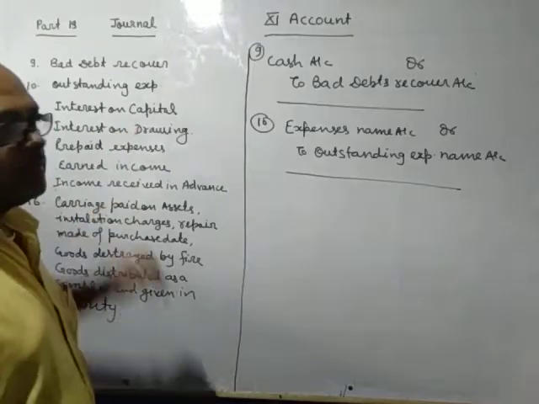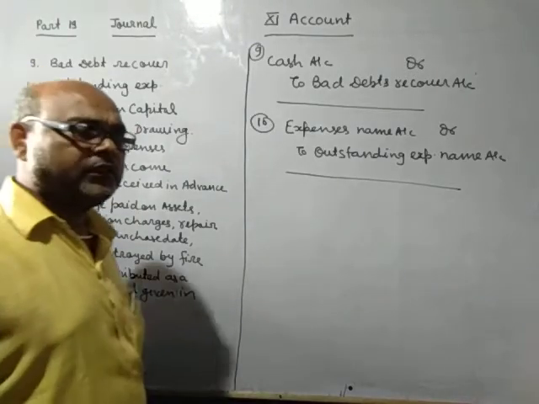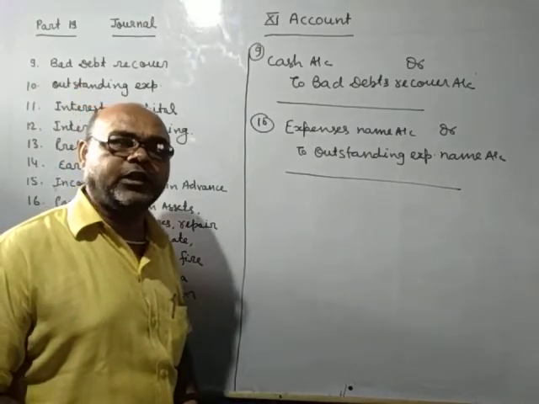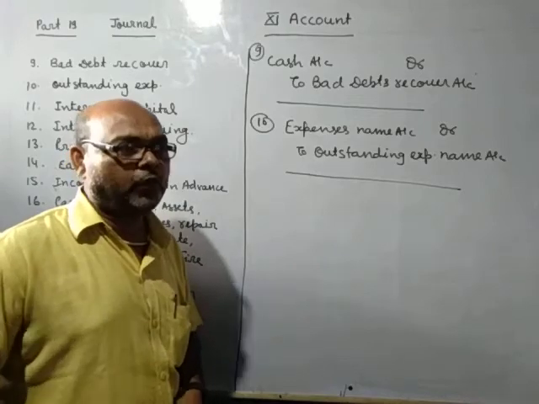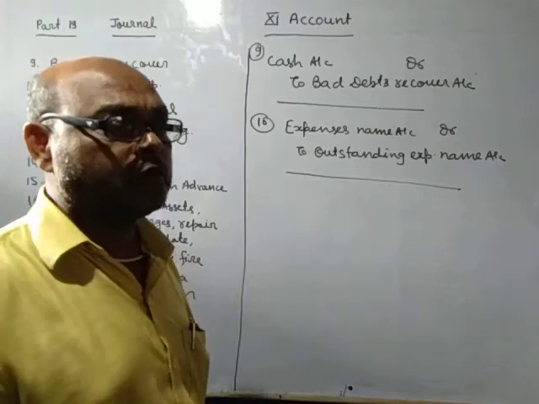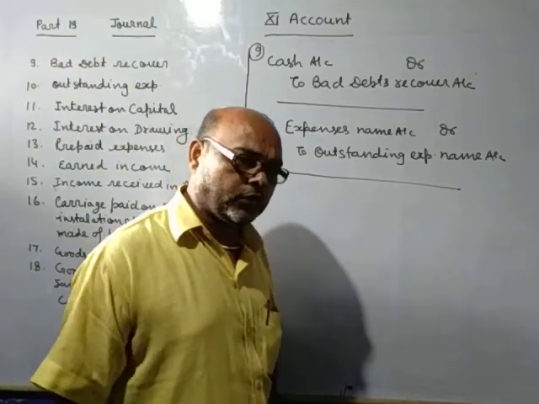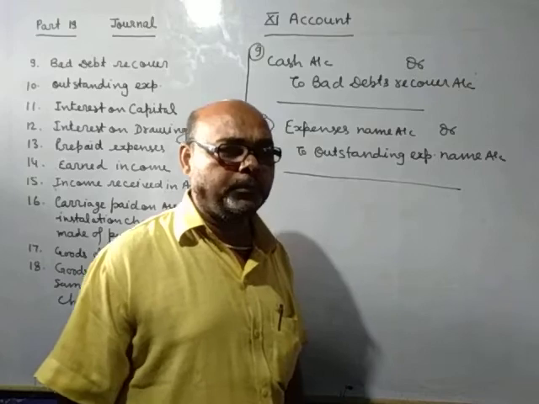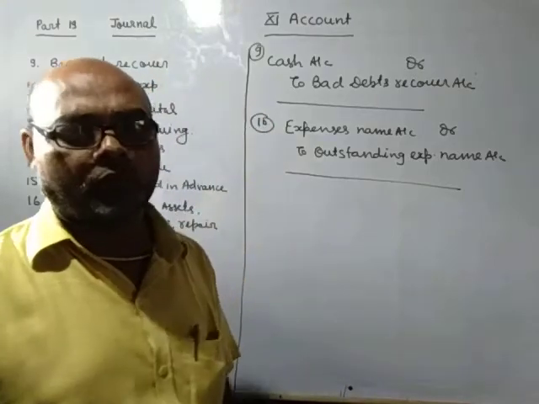Interest on capital. Capital is considered an internal liability for the firm. Now the firm has the responsibility to return this capital to the owner. So on this money, the firm pays interest also.